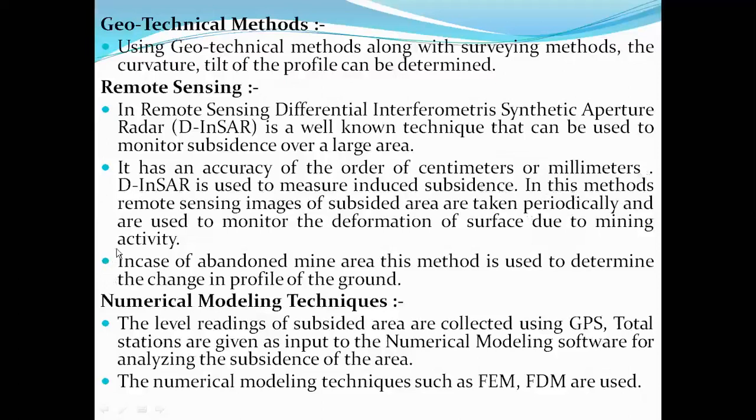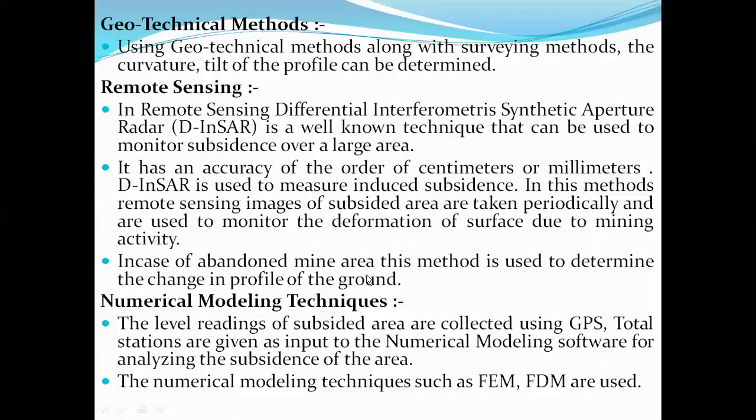In this method, remote sensing images of the subsided area are taken periodically over a period. Let's say after every 1 week or every 15 days, we capture the image of that particular location and find out whether there are any changes in that area. The differences of those features can be observed, so that we can monitor the deformation of the surface due to mining activity.